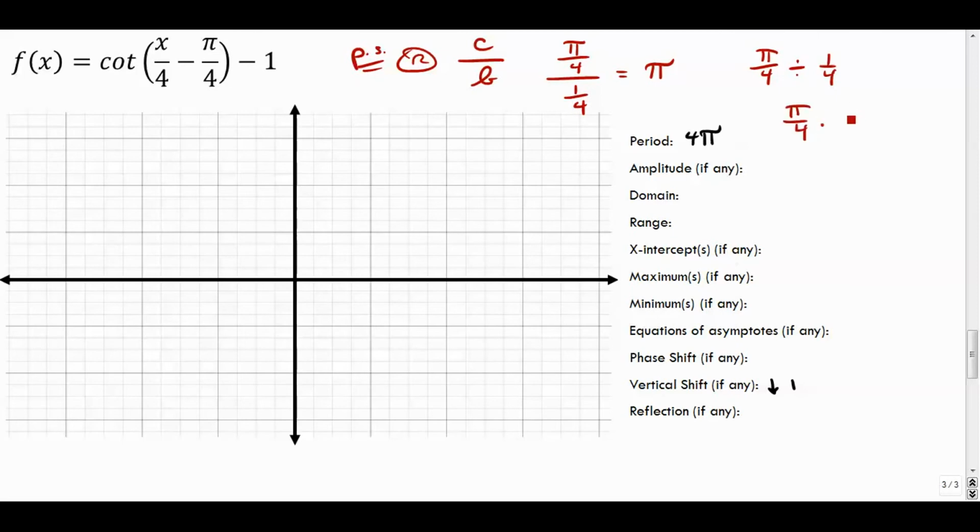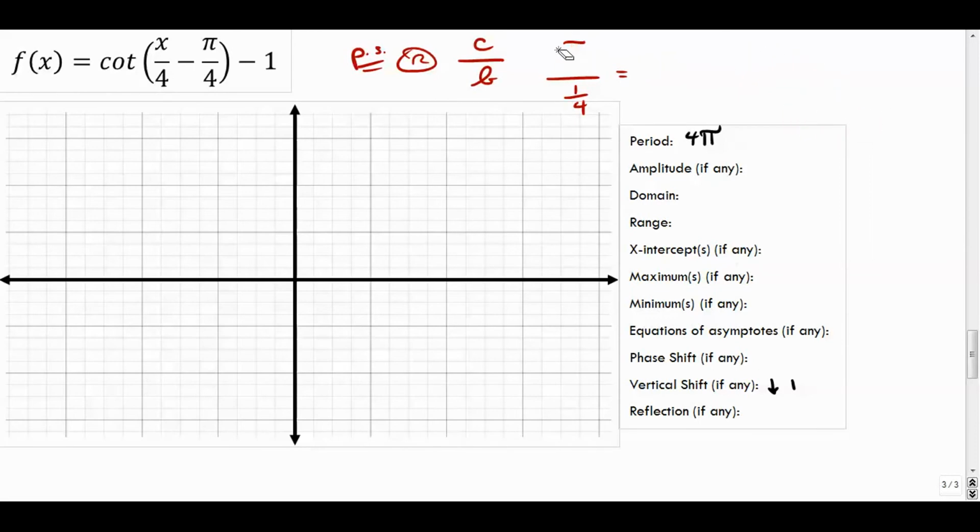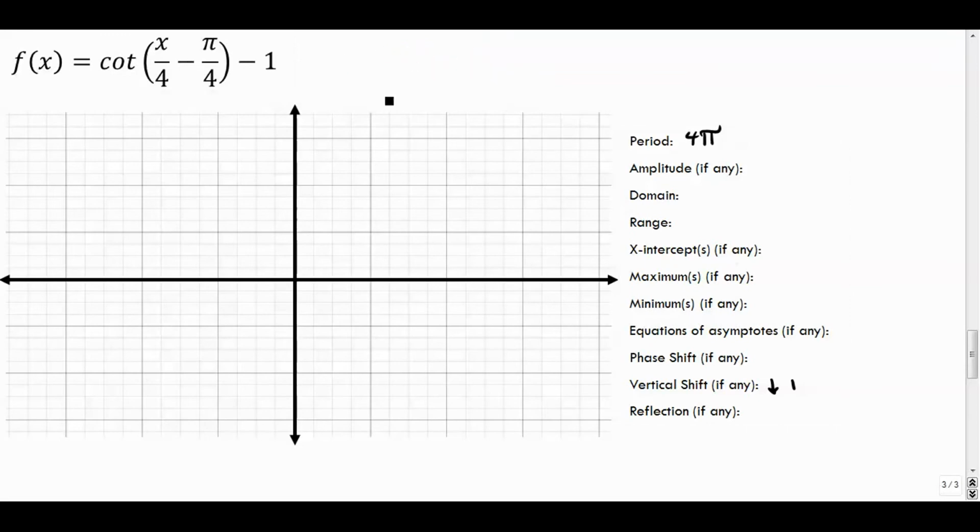Pi over 4 times 4. Keep it, switch it to multiplication, flip it over. So the 4's cancel out. So we're dealing with a period of 4 pi and a phase shift right pi units. So I'll write that down here. Phase shift right pi units. Okay.